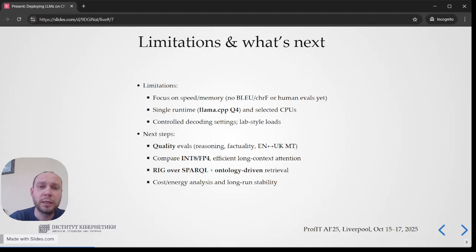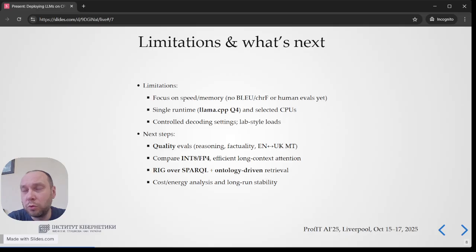Next, we will extend to quality and safety evaluations, of course, efficient attention for long context, and retrieval-interleaved generation over SPARQL with ontology-guided knowledge access. We also plan cost and energy profiles and long horizon stability tests.